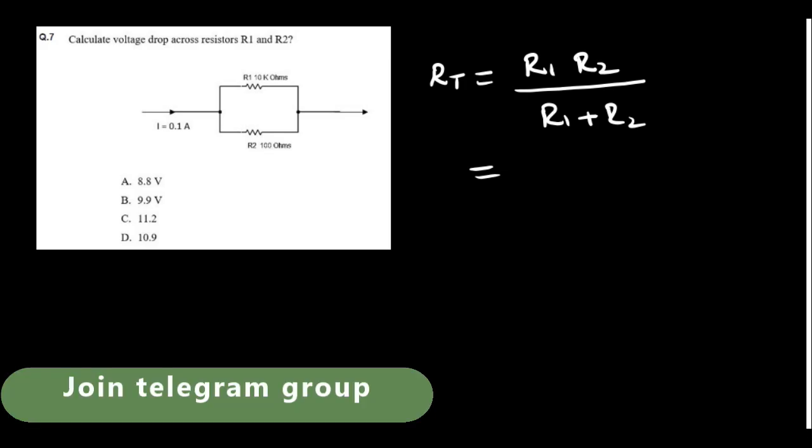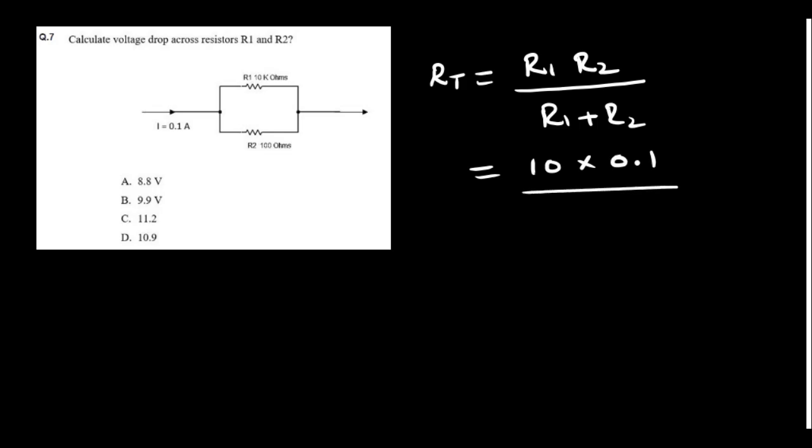Here RT equals R1 R2 upon R1 plus R2, which equals 10K multiplied by 100 ohm, we can write it as 0.1 upon 10.1. So you get 1 upon 10.1.